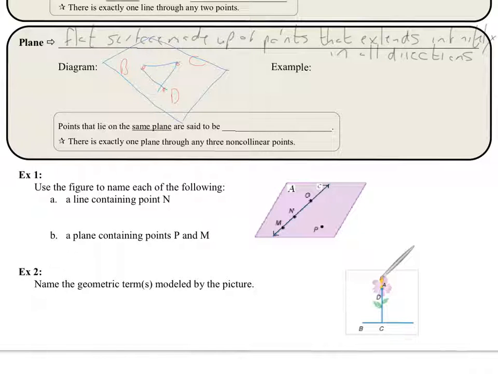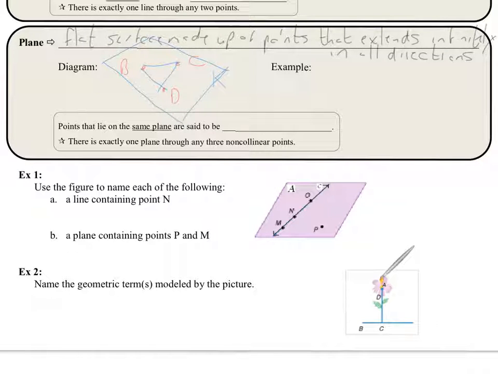Now this plane will have all 3 of these points on that surface. Since we have already made this surface and the 3 points are already labeled, we can also label the plane, which we are going to label as plane K.